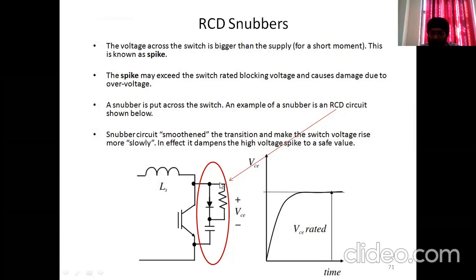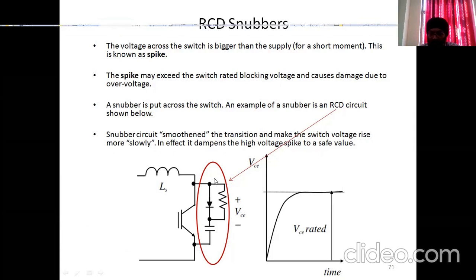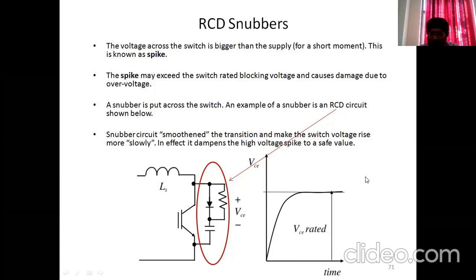So this RCD in both directions will smoothen the transition, will smoothen all these surges or overshoots. In reality, with snubbers and without snubbers, this is the actual waveform of voltage. With snubber, we have smoothened these overshoots. So now we do not have any dangerous effect on this switch.